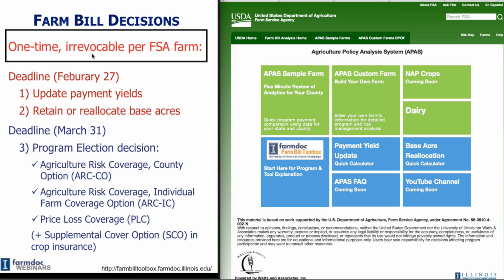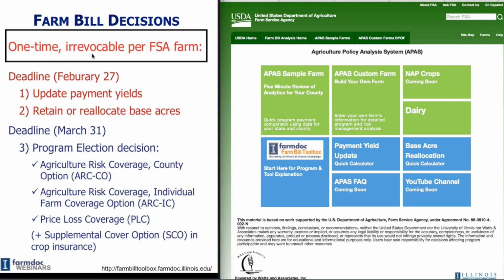ARC County and PLC, you can assign or decide to use on different crops on an FSA farm. So if you have corn, soybean, and wheat base acres on a farm, 3 sets of base acres, you could assign ARC County to corn and soybeans, PLC to wheat.